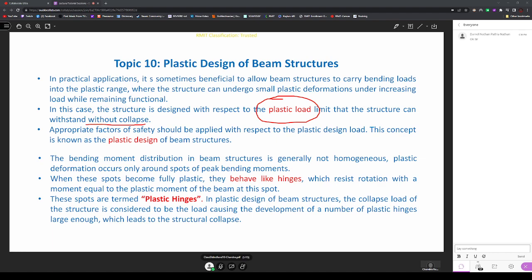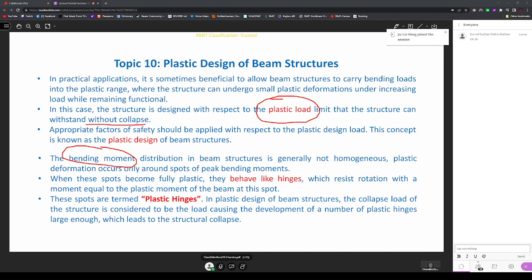So in the last sessions, we discussed that when the bending moment acts, the fibers with respect to the neutral axis on the upper side and bottom side start yielding. So yielding always starts from the top or from the bottom with reference to the neutral axis. So when the moment is maximum, that is when the section enters into the plastic moment.